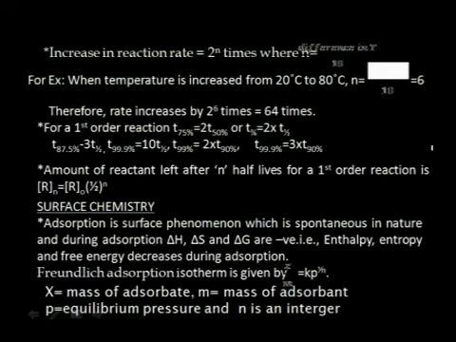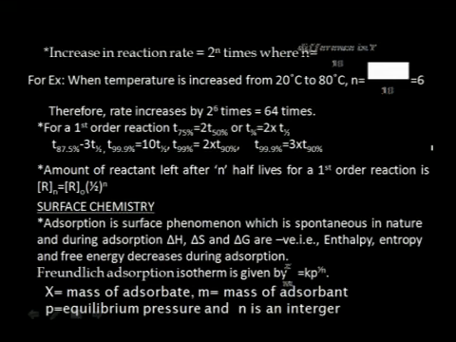The initial concentration of N2O5 in the following reaction is given as 1.24 into 10 to the power minus 2 mole per liter at 318 Kelvin. The concentration of N2O5 after 60 minutes was 0.20 into 10 to the power minus 2 mole per liter, and you have been asked to calculate the rate constant of the reaction at 318 Kelvin.